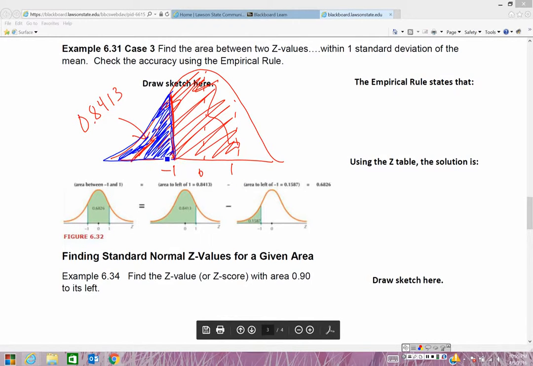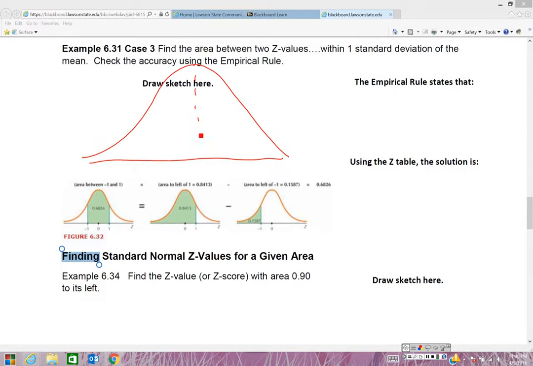Again, our z table will tell us what's the area to the left of -1, which would be this area here. So we want to take this part and subtract it from all of this, right?